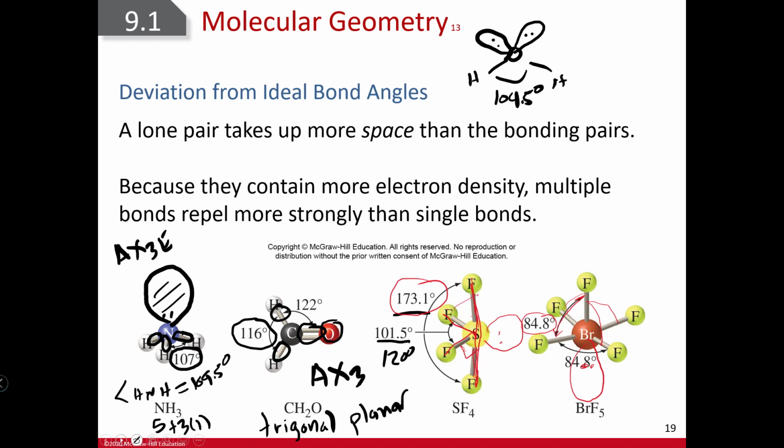And then the equatorial ones, the base of the square pyramid, they're not quite 90 degrees. They're 84.8. All due to that lone pair that we actually don't even see. When we clean this all up, we don't even see the lone pair. But we know it's there.